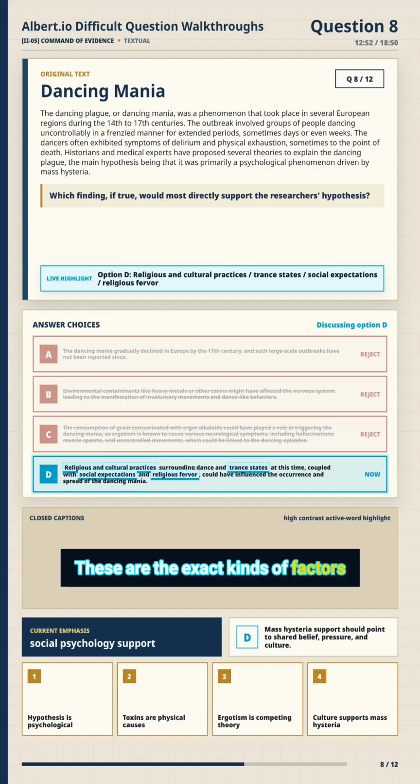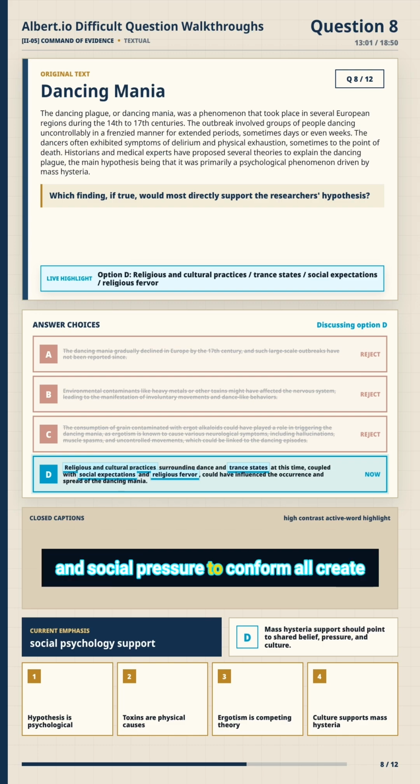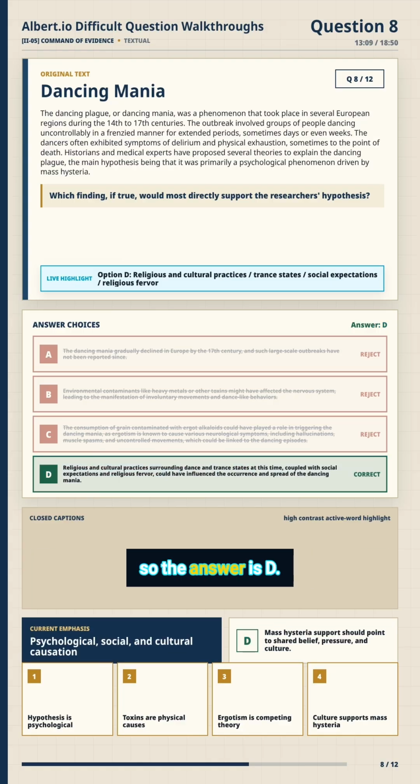These are the exact kinds of factors that drive mass hysteria. Shared belief systems, religious intensity, cultural permission to enter trance states, and social pressure to conform all create the conditions for collective psychogenic outbreaks. This finding directly supports the psychological, sociological hypothesis. So the answer is D.